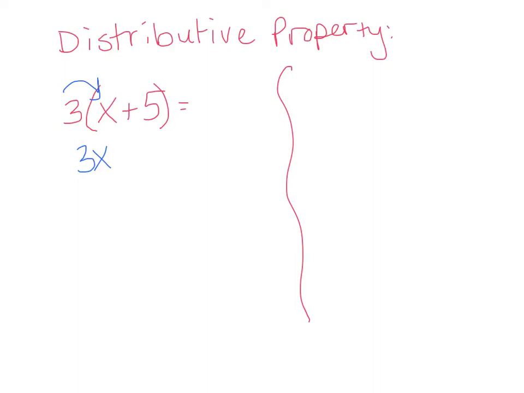And then I will add it to 3 times 5, which is 15. And I can't do much from there. I'm stuck there until I know what x is. But this is using the distributive property to pull things apart or put things together, whichever way you want to look at it.